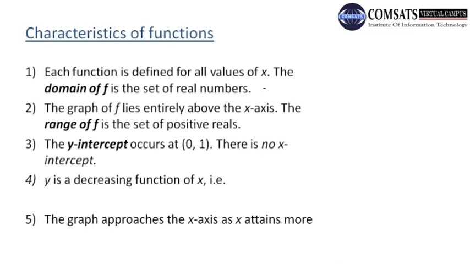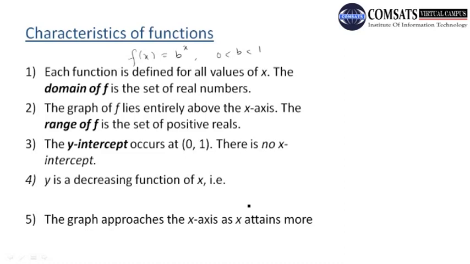Okay. Summarizing all the graphs, we define the characteristics of these exponential functions, that is the functions of the form f of x equals b to the power x, where b is between 0 and 1. We have seen that each function is defined for all values of x, and the domain is the set of all real numbers. The graph of f lies entirely above the x-axis, and the range is the set of all positive real numbers.